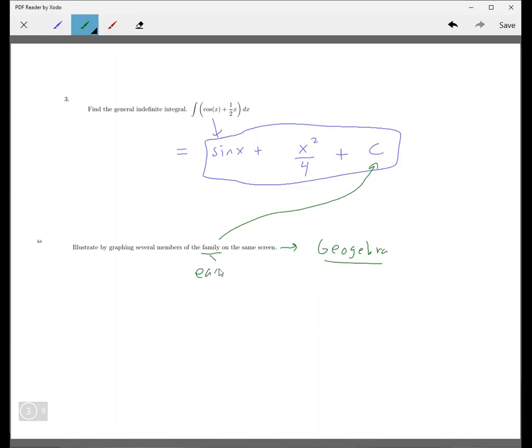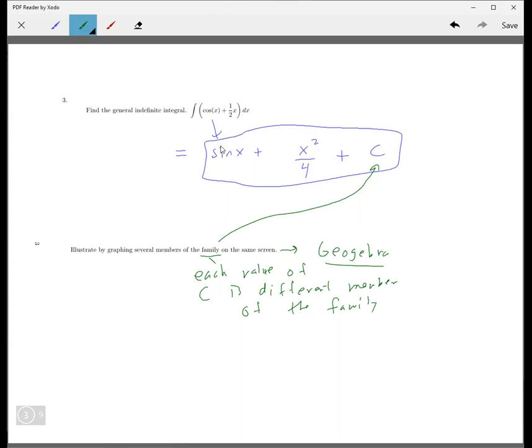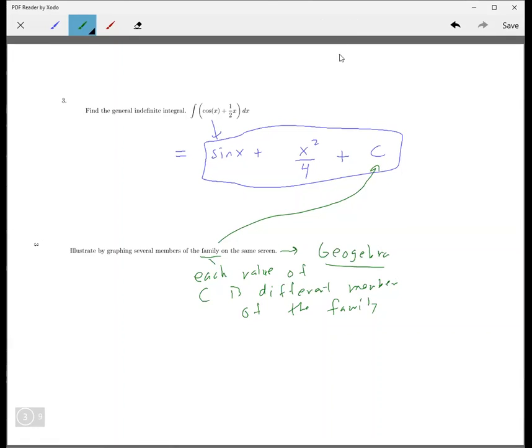What they mean is each value of C is a different member of the family. Okay, each value is a different member of the family. So let's go ahead, remember sin x plus x squared over 4, and then we'll add different values of c and see what we come up with.